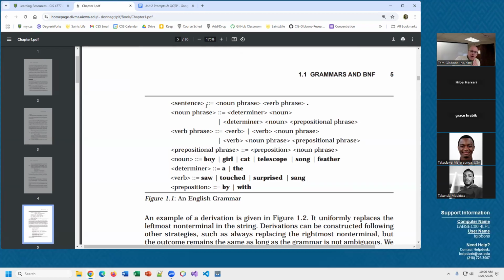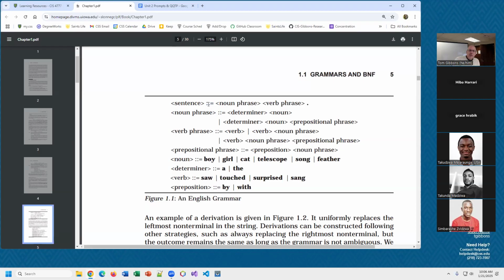This is going to be made up of what we call production rules, which are kind of like assignment statements or substitution statements. We'll have a symbol on the left side, and again, these symbols will often be in greater-than, less-than brackets, like sentence here. Then we'll have a special production rule symbol, kind of an equivalence or assignment, saying that if you have a sentence, you can substitute for that.